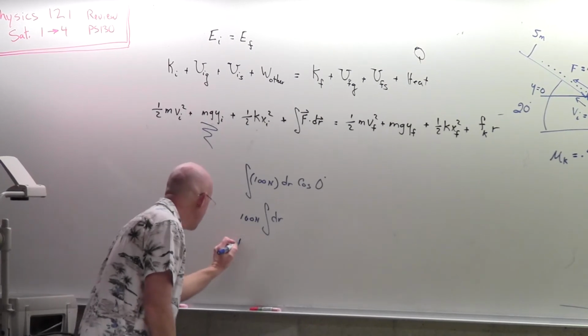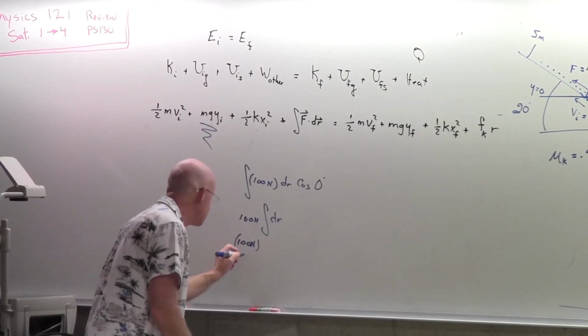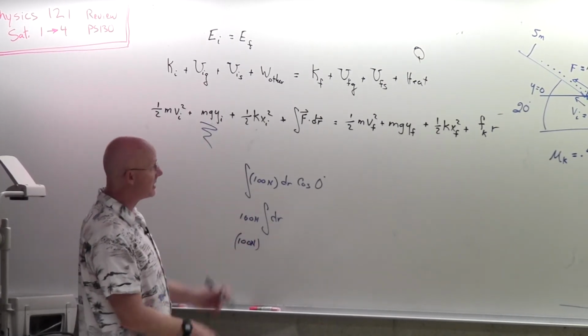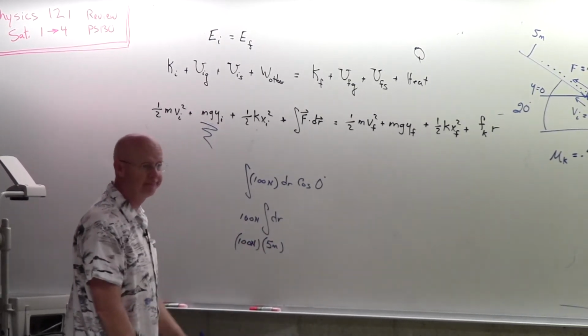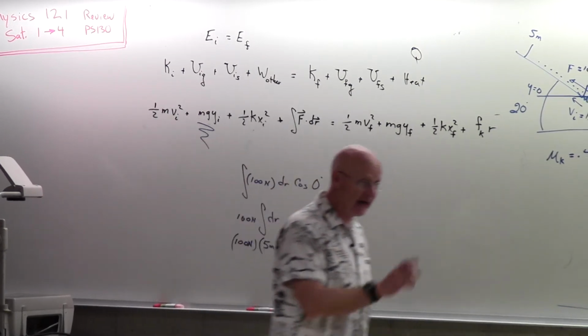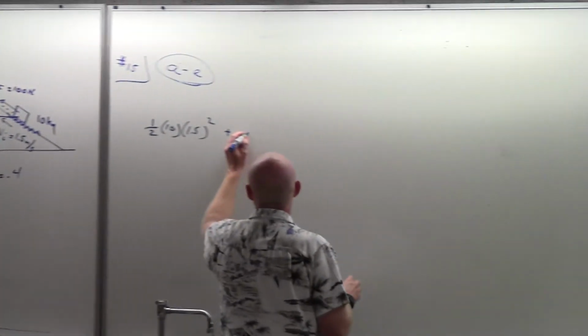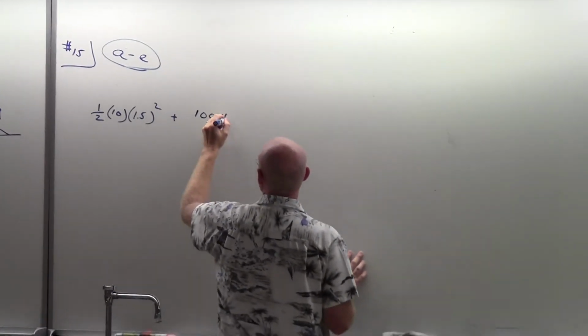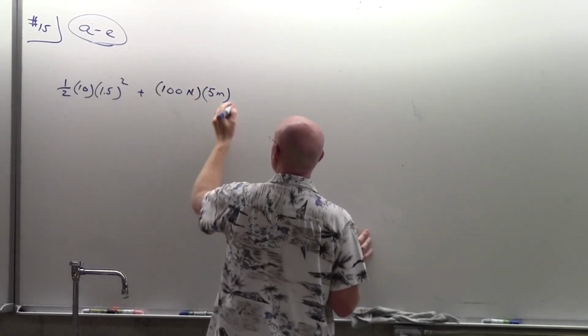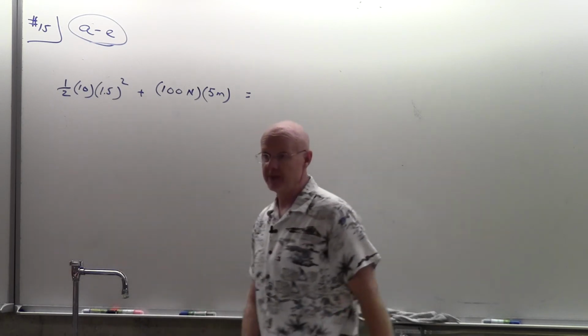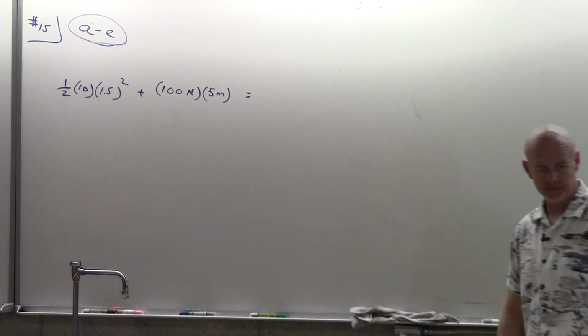And so we're just going to get 100 newtons times the distance it moved, which is 5 meters. The energy added from this outside influence is going to come out to be 500 joules of energy.